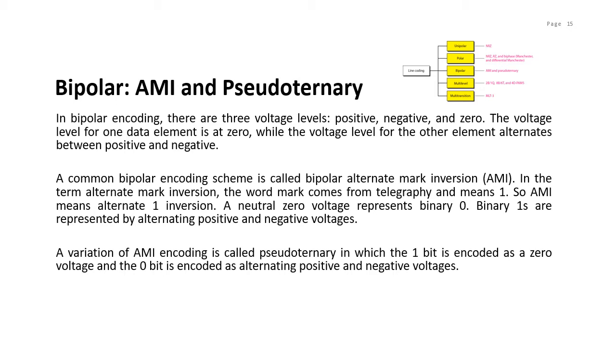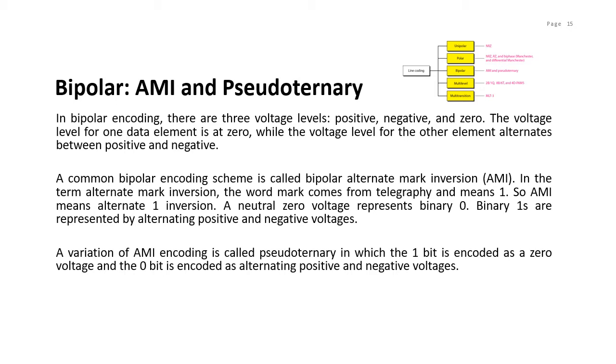In the term alternate mark inversion, the mark actually comes from telegraphy, and it means 1. So AMI, in other words, can also be understood as alternate 1 inversion. A neutral 0 voltage represents binary 0, and binary 1s are represented by alternating positive and negative voltages.